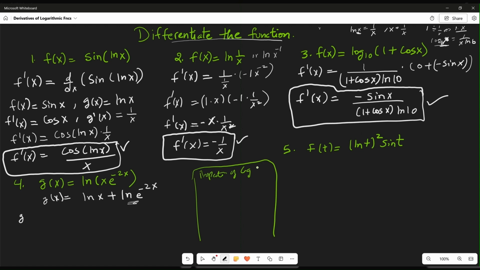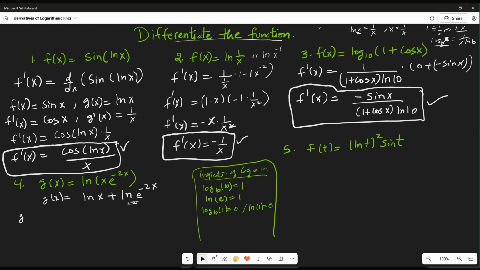Log and natural log functions: log with any base of that base is equal to 1, or natural log of e is simply 1. Log of 1, any base, is 0, or natural log of 1 is also 0.